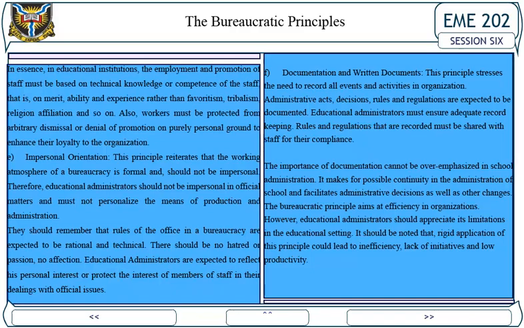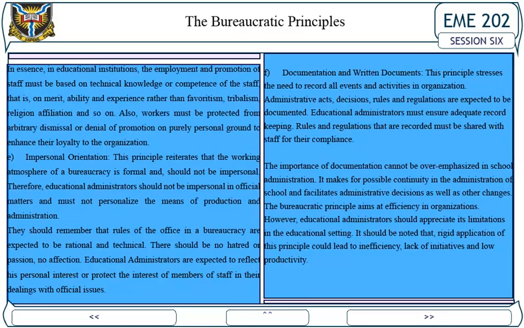C. Hierarchy of authority. This describes the seniority concept through which authority flows from the superordinate to the subordinate.